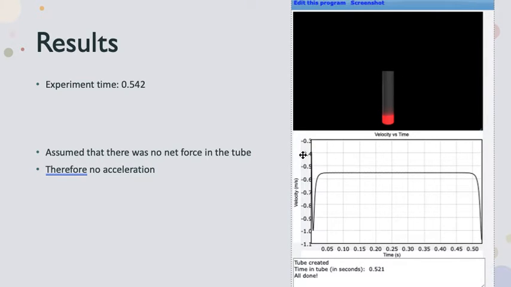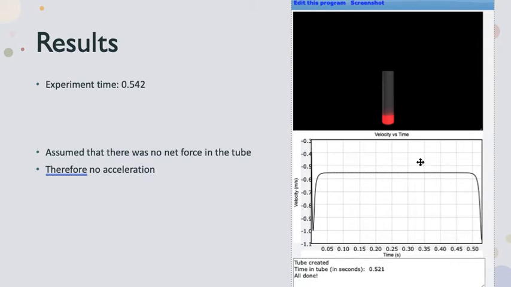From this graph, we were able to look at the velocity of the magnet through the tube. At this point, it was just starting to enter the tube, and then the velocity went up and plateaued for a little bit.